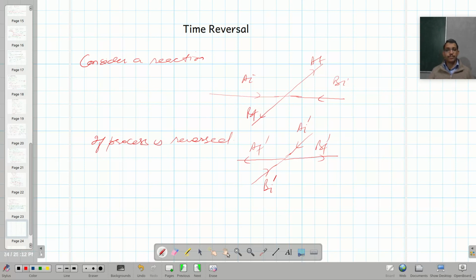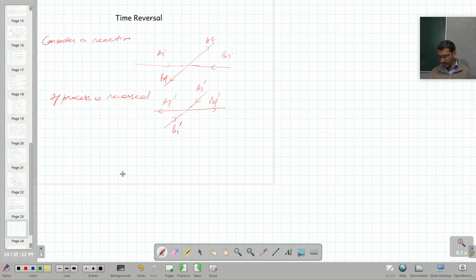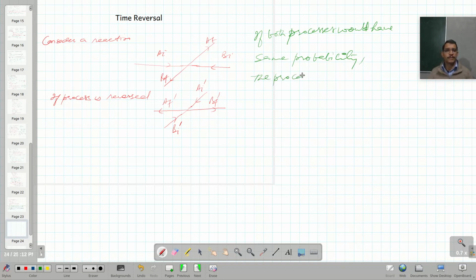So if both processes would have the same probability, the process is described as time reversal invariant.